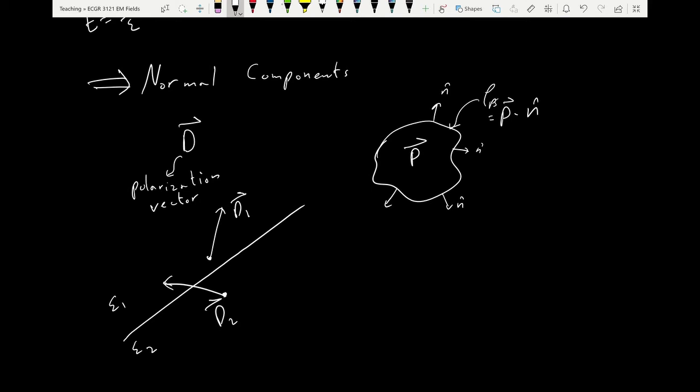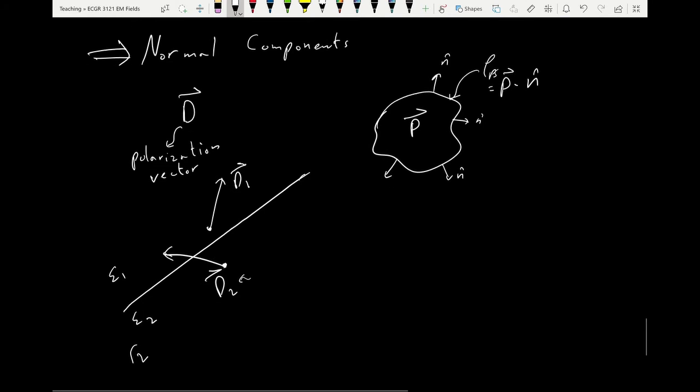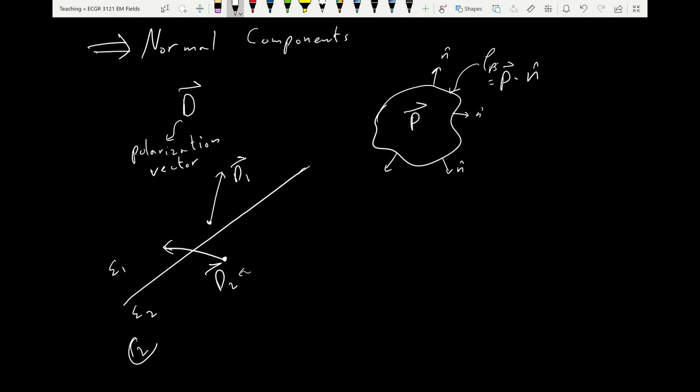So that will depend. Remember, D2 is a polarization vector inside material 2. This is material 2, and this is material 1. D1 is a polarization vector in material 1. What does that mean?